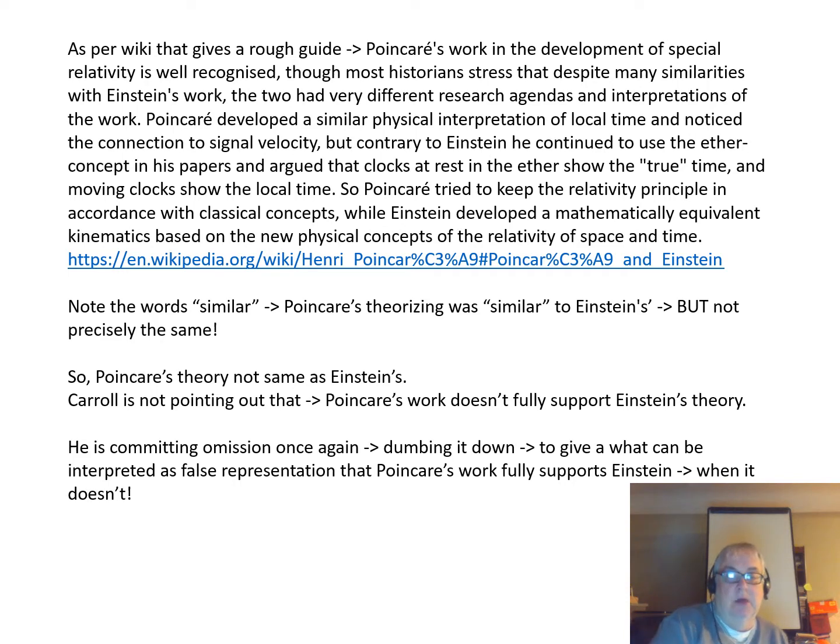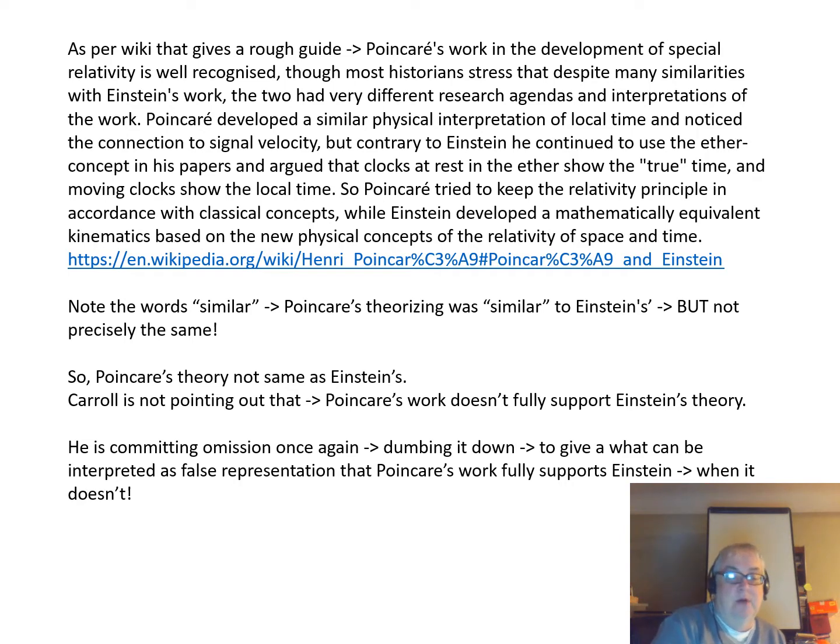It says Poincaré's work in the development of special relativity is well recognised, though most historians stress that despite many similarities to Einstein's work, the two had very different research agendas and interpretations of the work. So basically it is saying Poincaré's theorising is similar to Einstein's, but it's not precisely the same. So Poincaré's theory is not the same as Einstein's, though it is similar. Carroll is not pointing that out, and so Poincaré's work does not really fully support Einstein's theory.